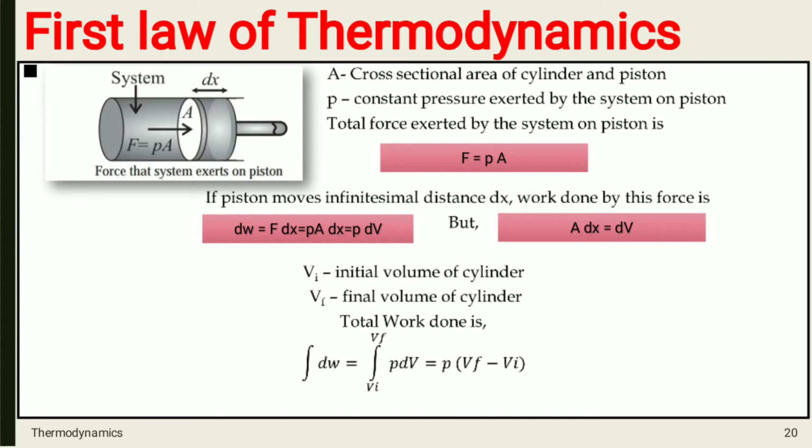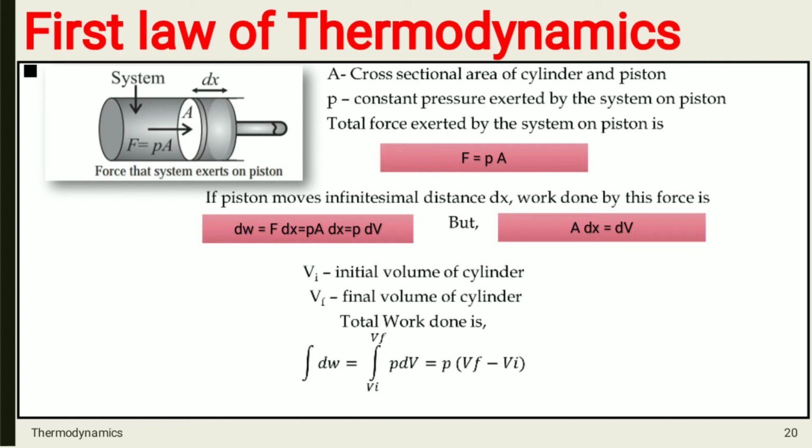Here the piston is moving a very small distance dx, that is why we can write a small work done as dW. Now you know work done is equal to force into displacement. Here force is F is equal to P into A, and displacement of the piston, that is a very small distance, is dx.